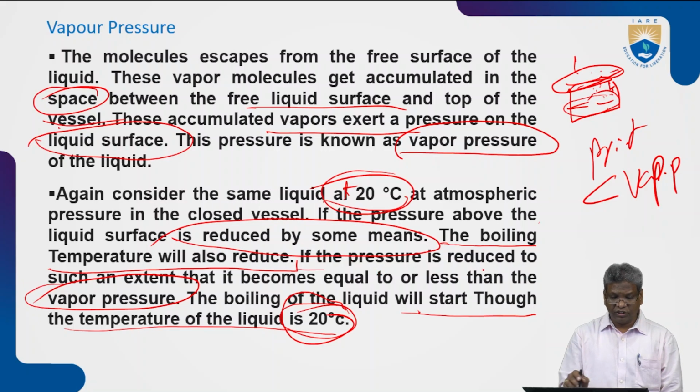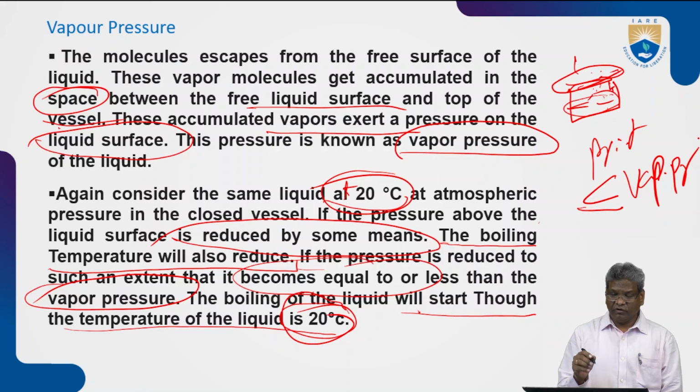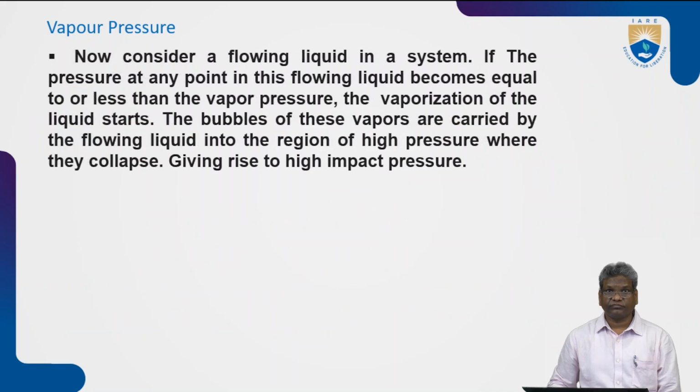If the pressure is reduced to such an extent that it becomes less than or equal to vapor pressure, the boiling point of the liquid gets reduced. That is why the boiling point of the liquid is reduced.